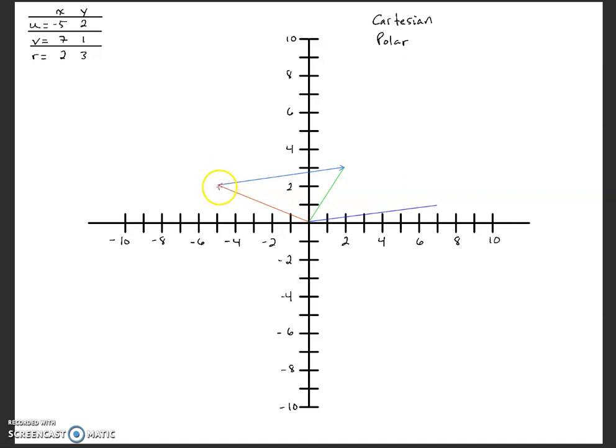Now from this point, I have matched this magnitude here, only I started it at the point where the previous one ended. And what I've done here is I've gone 7 over. Notice how it's in line with the 2, right? So the y is sitting at 2 there. So I've just come straight across 7, and that lands on 2 there. And then up 1, which brings us to 3.